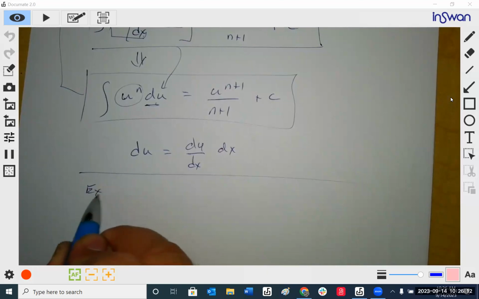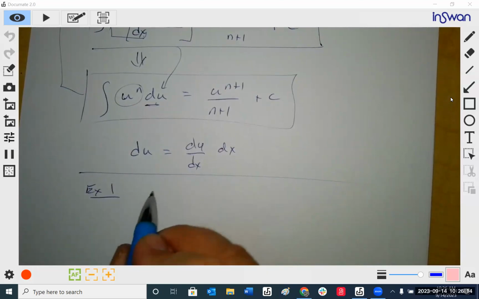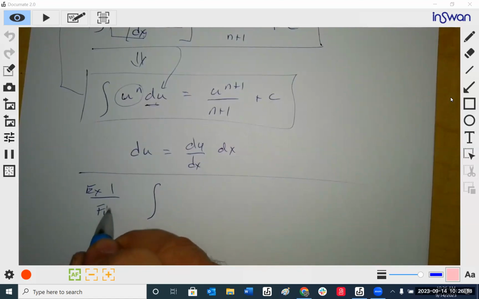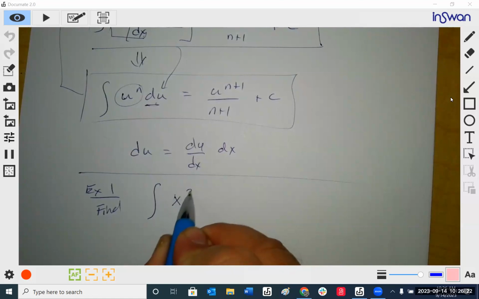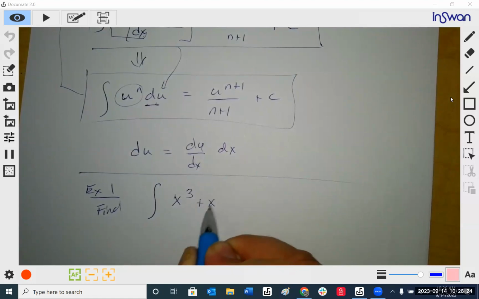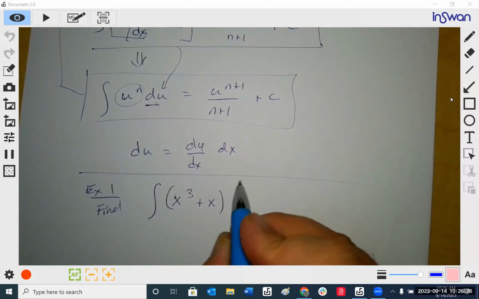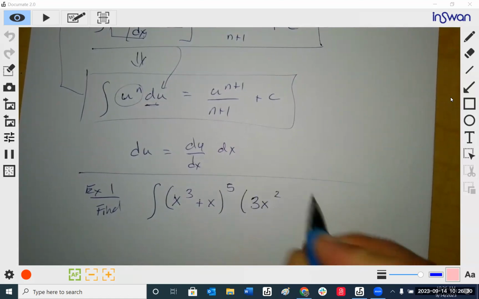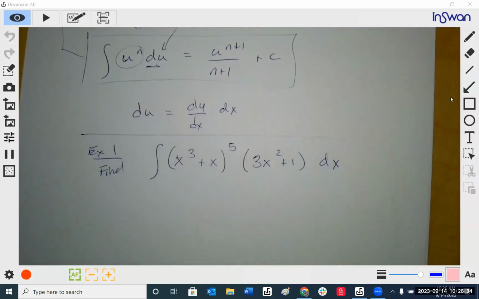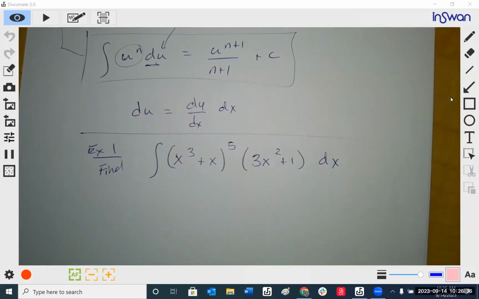Let's look at our first example. Find this indefinite integral: x cubed plus x to the power 5, 3x times 3x squared plus 1 dx. Use the substitution method and let's solve for the integral.